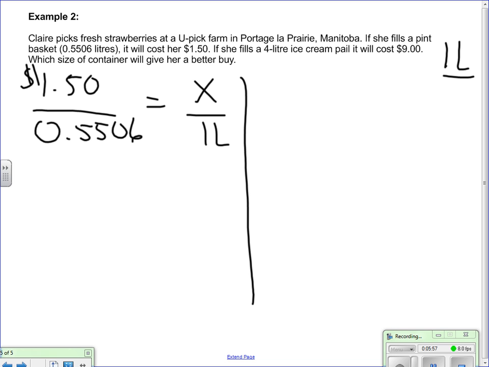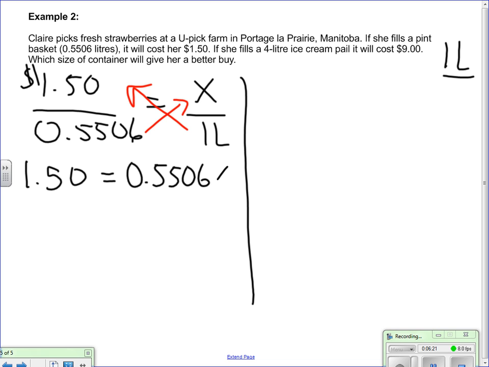We want to figure out what the cost is for 1 liter. Again, same thing. We're going to cross multiply. 1.50 times 1 is $1.50, and that's going to be equal to 0.5506x.